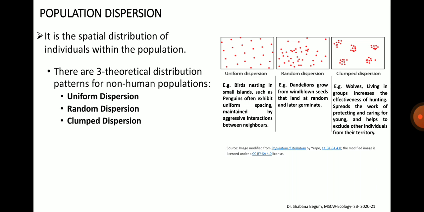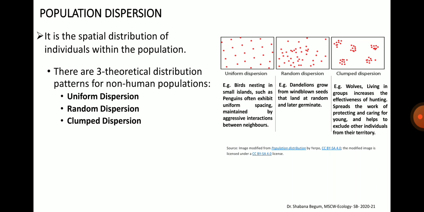In case of uniform dispersion, also known as regular dispersion, the individuals of a population are regularly arranged and more or less spaced at equal distance from one another. This is rare in nature but is common in managed systems such as cropland, fields or orchards.